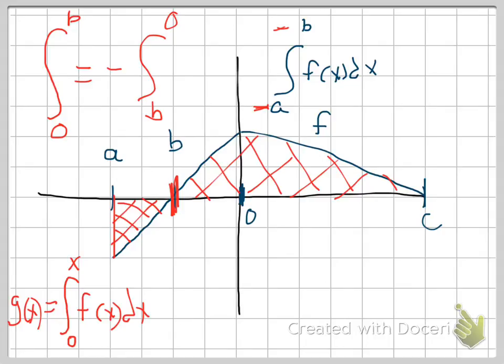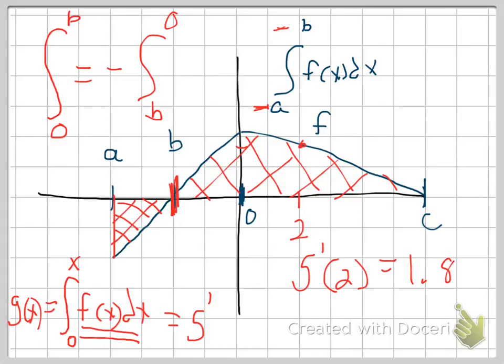Okay. And then now remember that f is equal to g prime. So if I wanted to find a value for g prime of, let's say 2, I would go up here to the graph and call that, I don't know, let's call it 1.8.